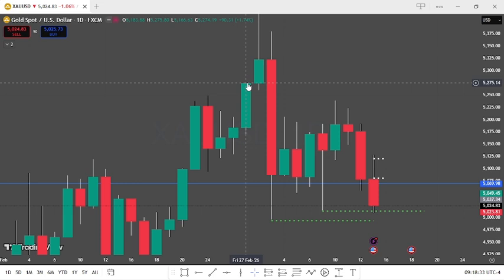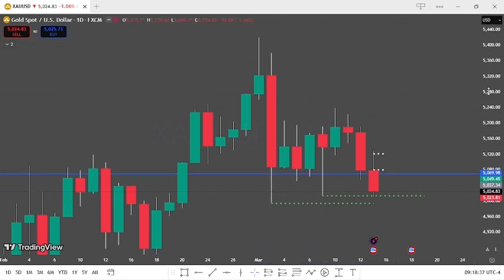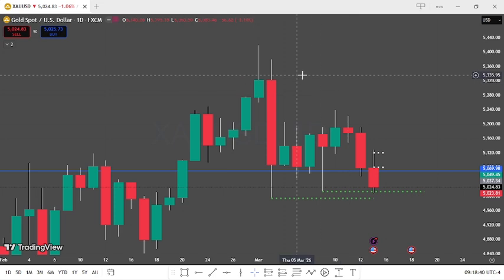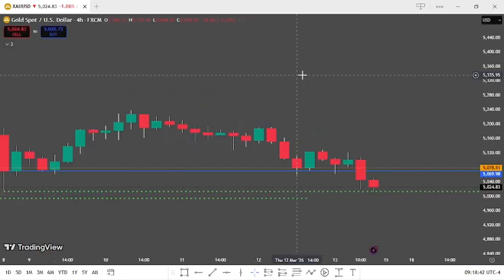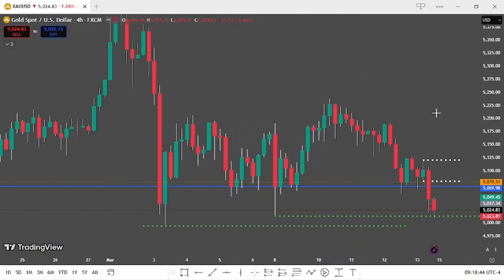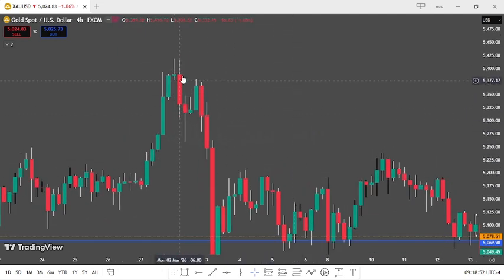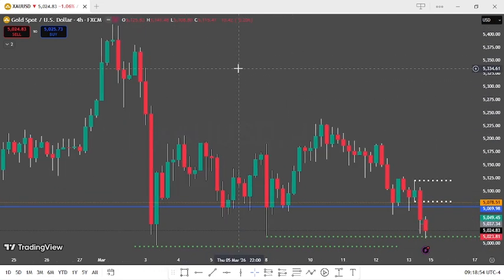Remember that price is fractal, and if you are able to master CRT, you will be able to buy and sell prices at key reversal points.